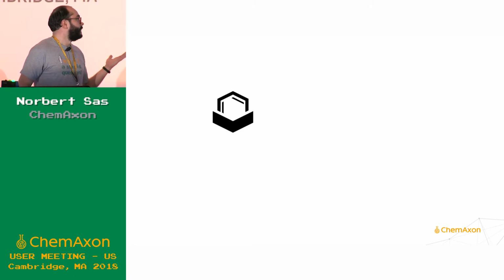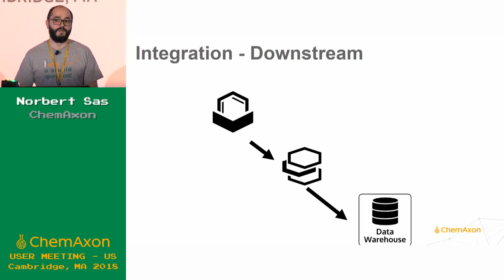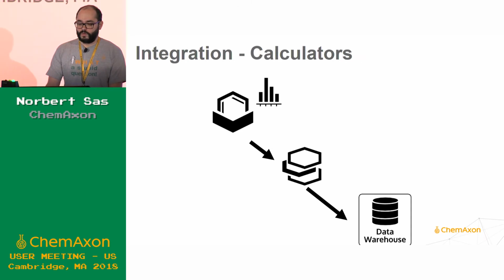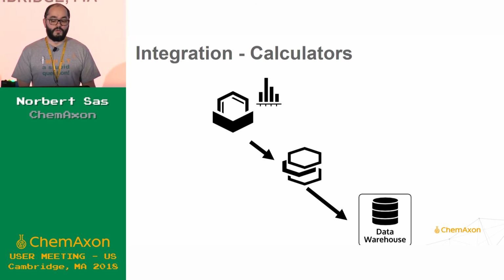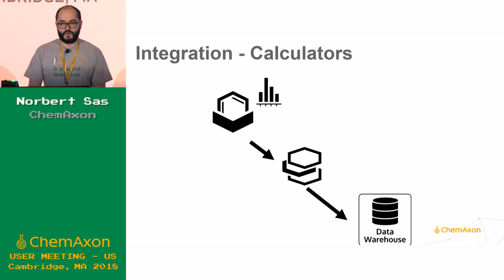For this example, let's take something that already exists at one of our partners. For example, with compound registration, they definitely want downstream projects, because they want to use the data that is getting into the compound registration system. Of course, they want to use calculators in order to give some predicted properties to the items registered into the system.